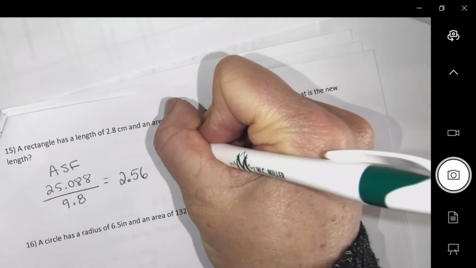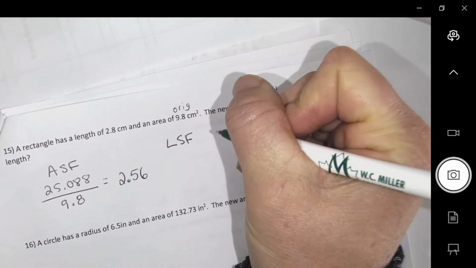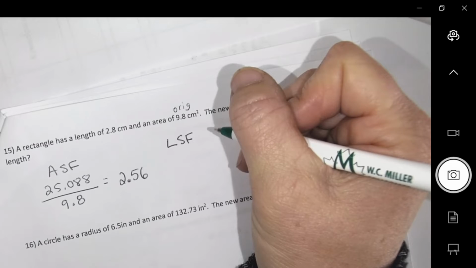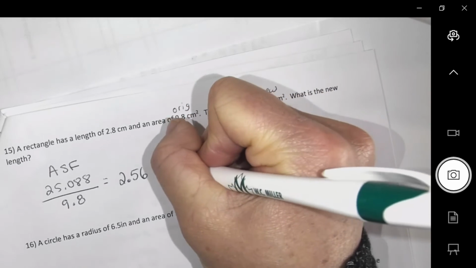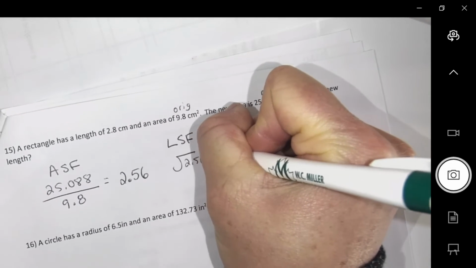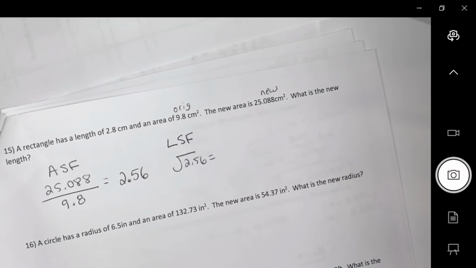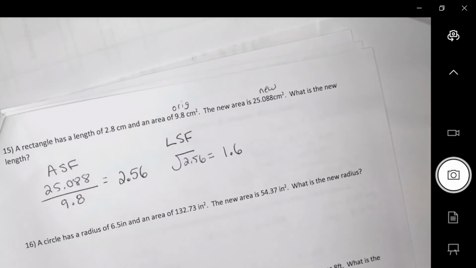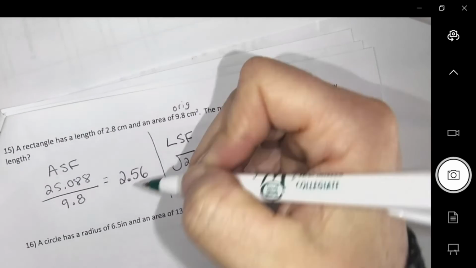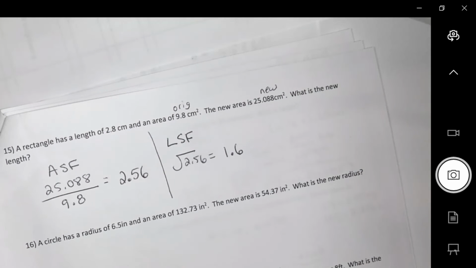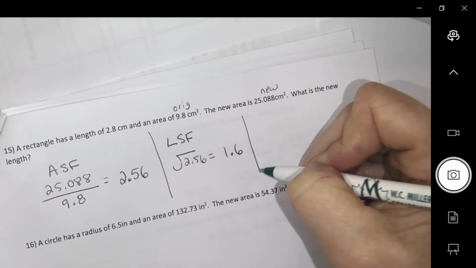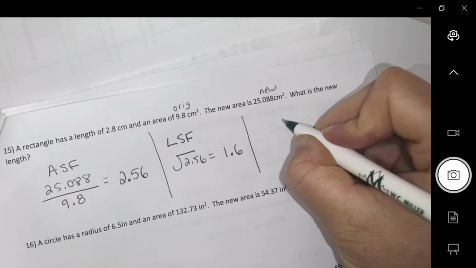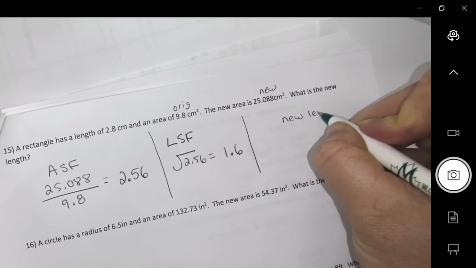How am I going to get the linear scale factor now? I'm going the opposite of what the last question just did. Square root 2.56. So the side lengths are 1.6 times greater. So what is the new length?